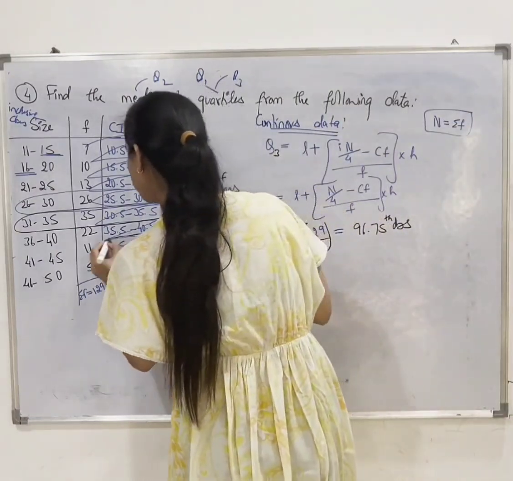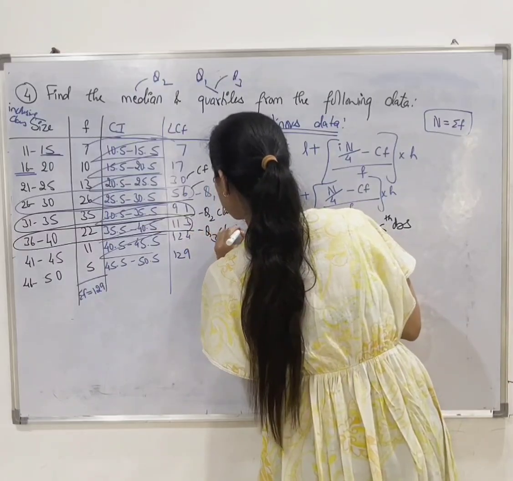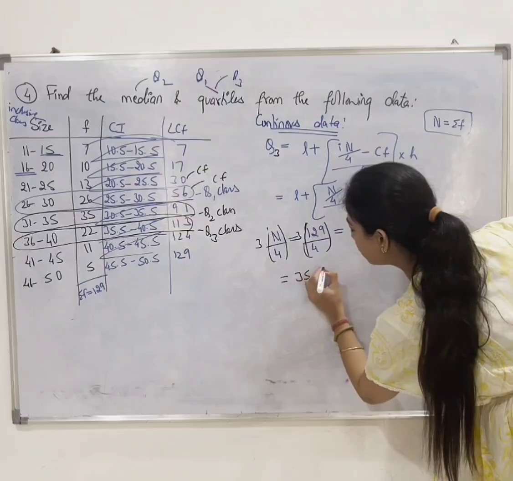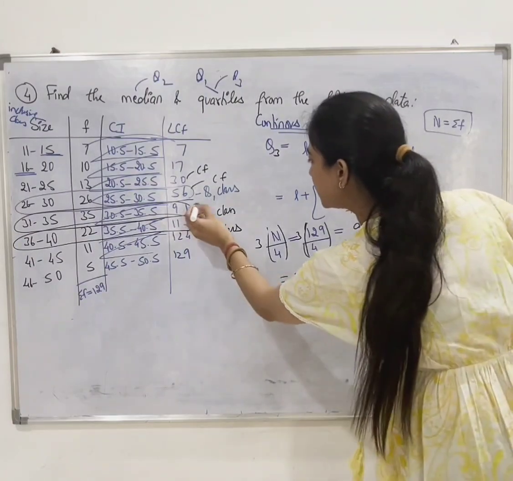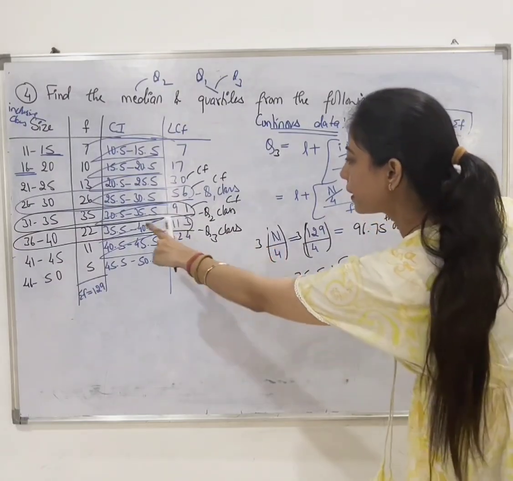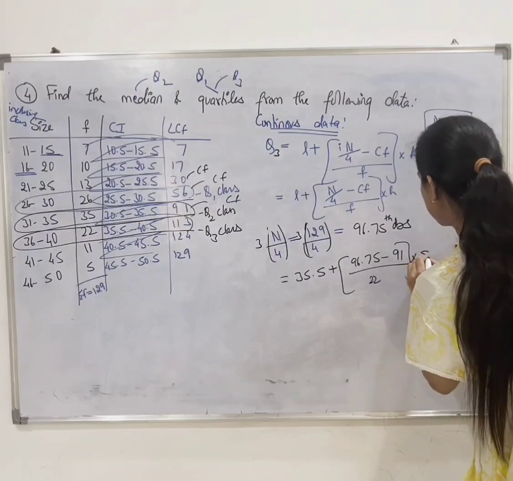So this is nothing but your Q3 class. Now we will be substituting all the values. The lower limit is 35.5 plus 96.75 minus the preceding CF, which is 91, by the frequency, which is 22 of that particular class, into H, which is nothing but again 5.